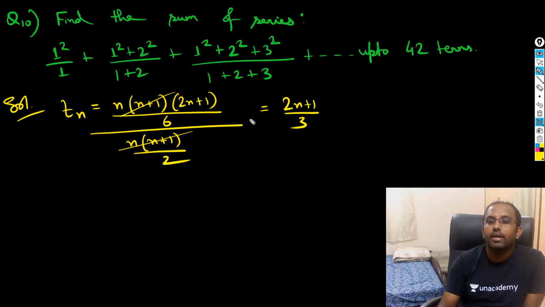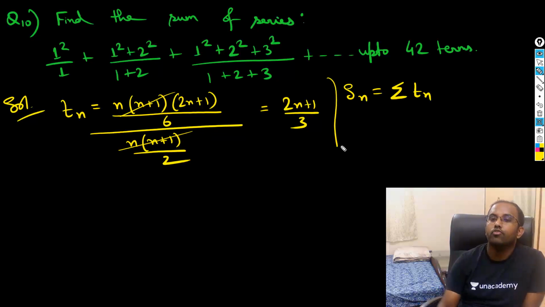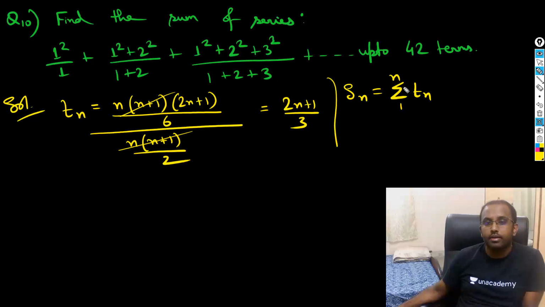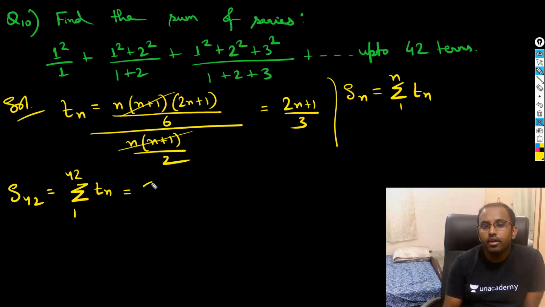But I need to get the value of the sum actually. So what is Sn, guys? Sn is the summation of Tn from 1 to n terms. That means I just need to add those n terms of Tn. So if I calculate S42 here, that is basically the sum of 1 to 42 of Tn. Tn is basically 2n plus 1 by 3.